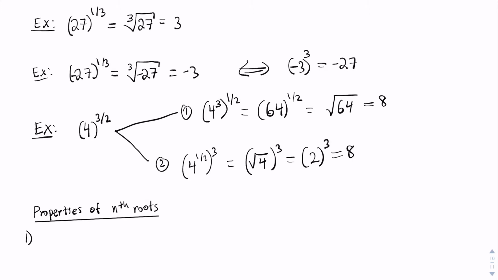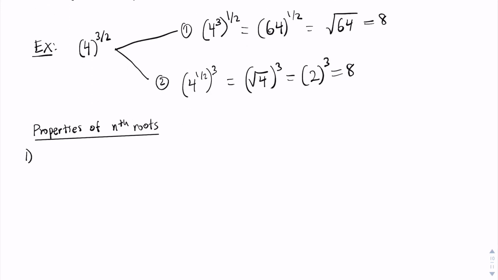Number one, the first property: say you're taking the nth root of the product of two numbers, a times b. This is nothing more than the nth root of a times the nth root of b, like this.